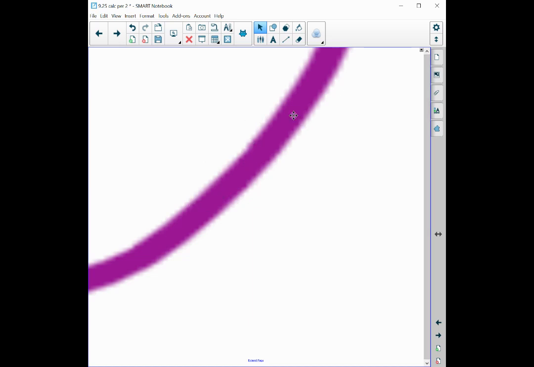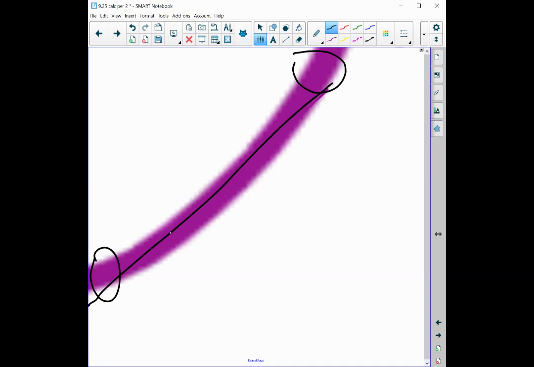In fact, if I were to draw the tangent line on top, the tangent line and the actual line, although this is really thick, don't really have much difference. I mean, they do at the edges, but right here in the middle, they're basically the same. We say that that function is locally linear because if I zoomed in to a local spot, it looks like a line, which means it would have a tangent line, have a slope, and be differentiable.